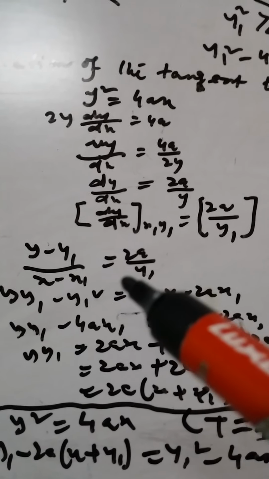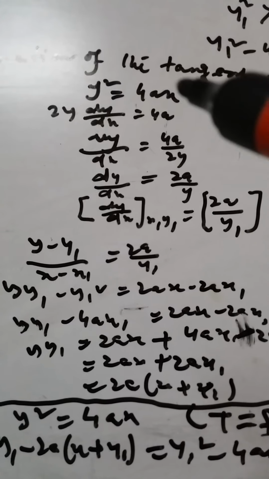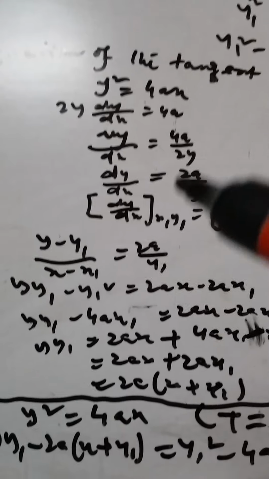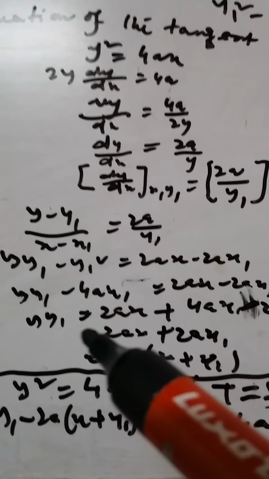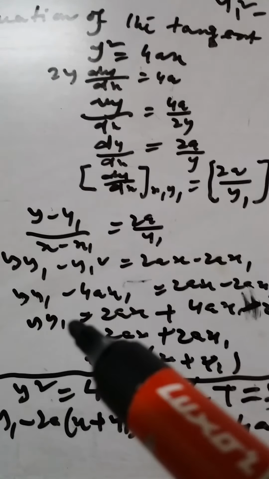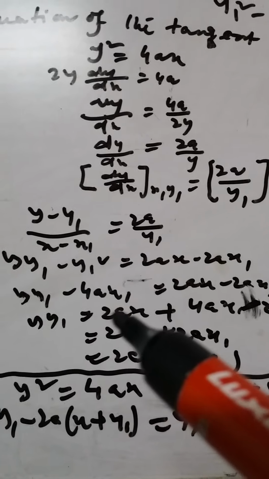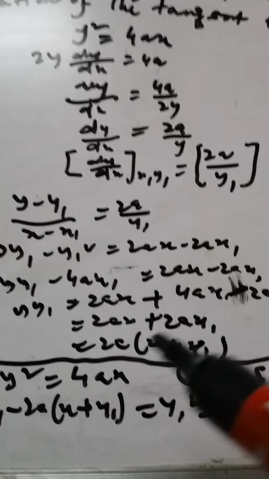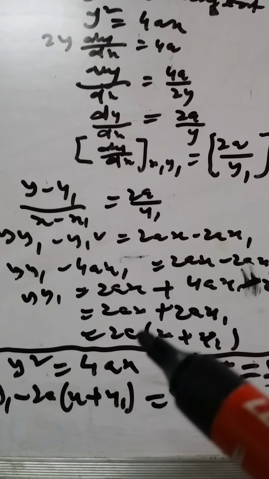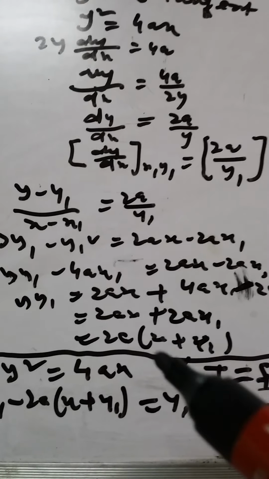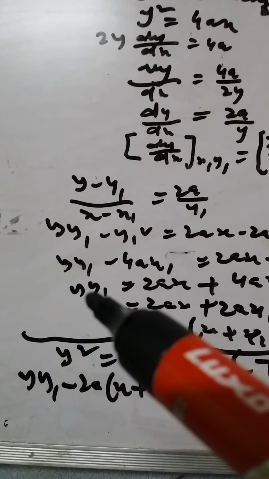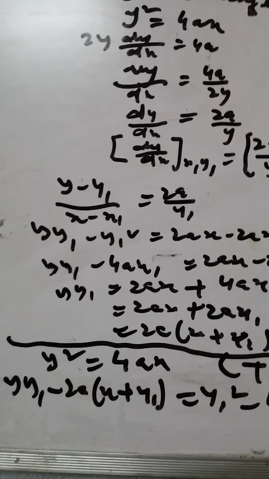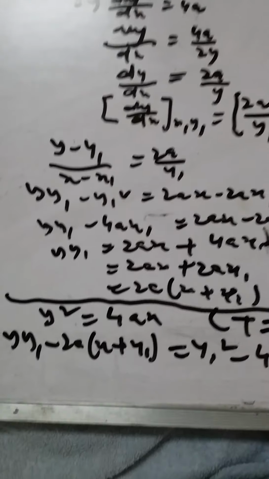Since (x1, y1) is a point on this parabola, putting y1 square equal to 4a x1, we get y y1 equal to 2a x plus 2a x1, so taking 2a common, we get y y1 equal to 2a into (x plus x1). It is the equation of the tangent at the point (x1, y1).